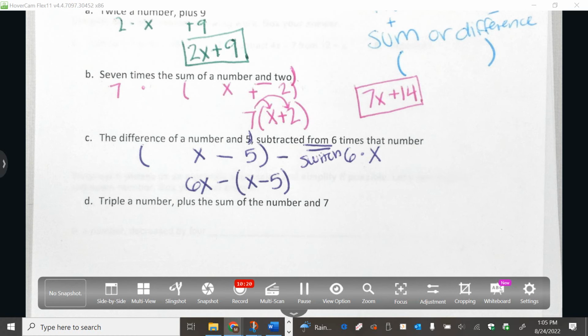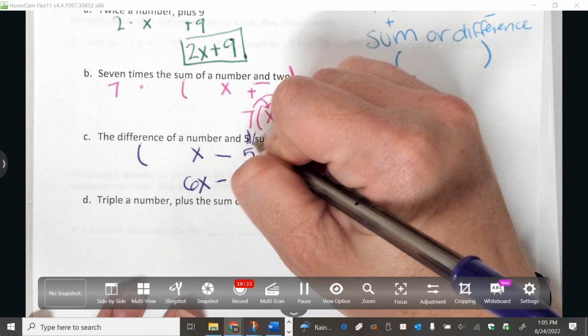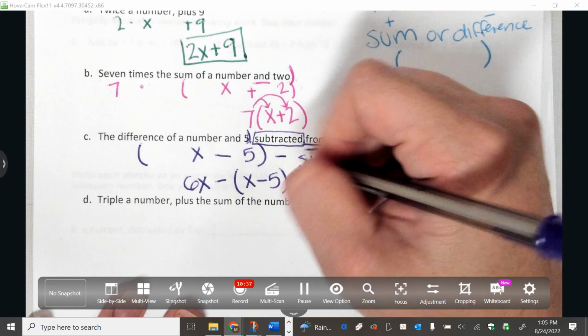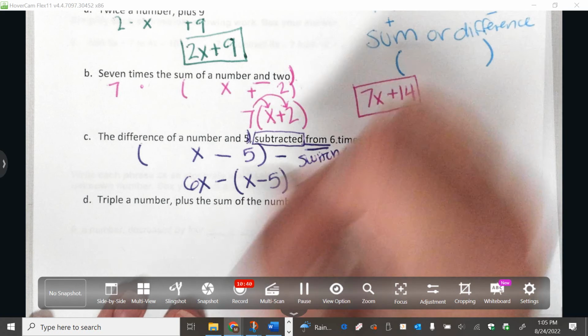Because of the word from, it changed everything, right? Yes, for the subtraction, we're going to need to, because the reason I did that is because of this word subtracted right here. It says subtracted from. So I knew that these two things needed to be subtracted.